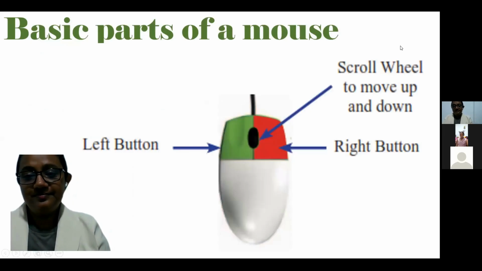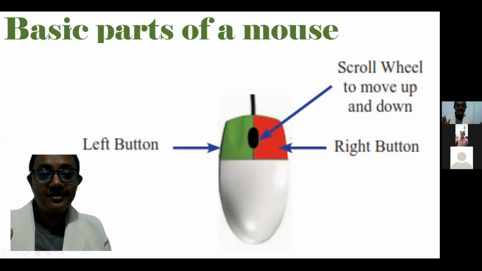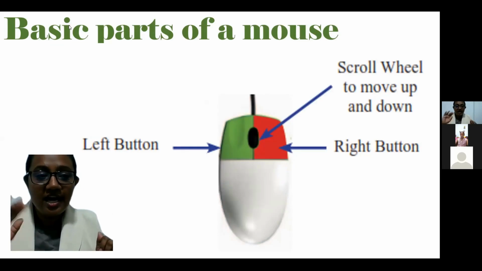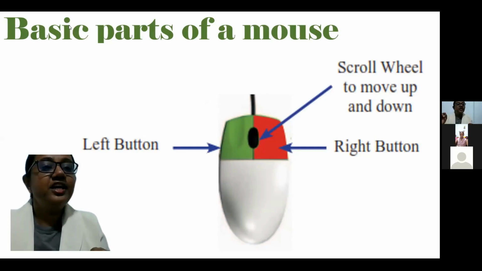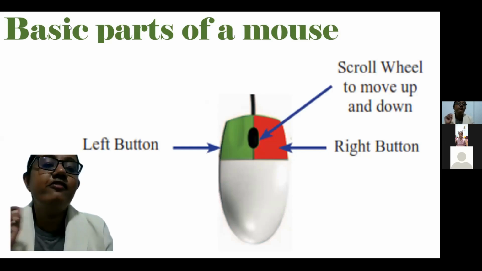We can say left button, right button and scroll wheel. Scroll means moving back and forth. The wheel we move back and forth, we call the scroll wheel.